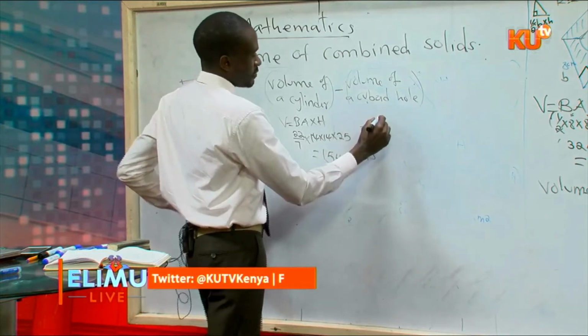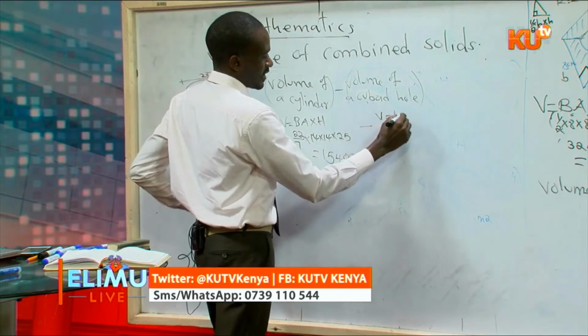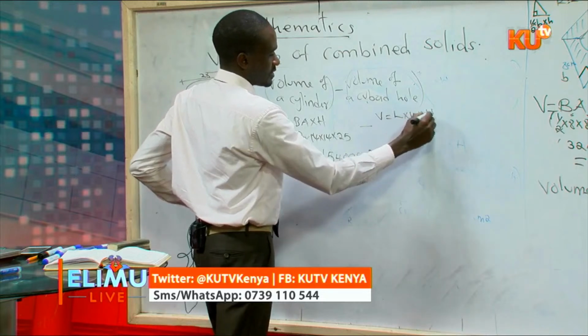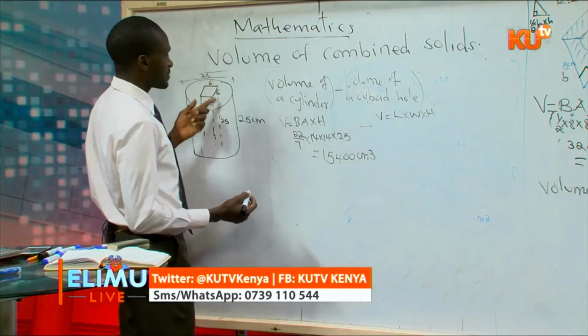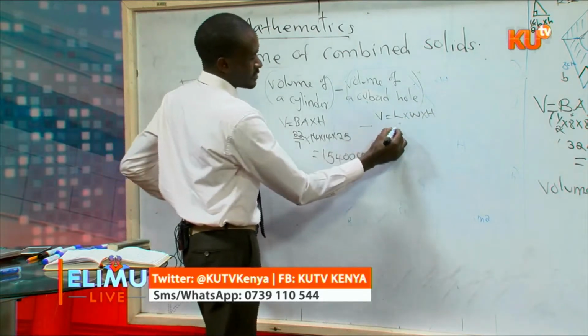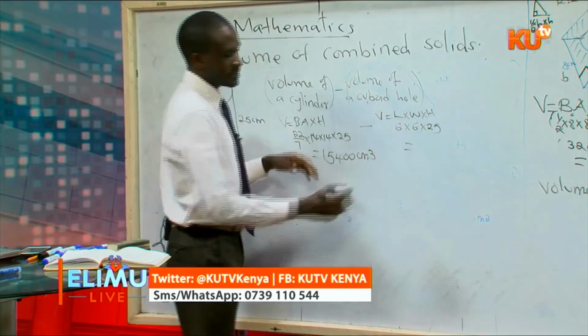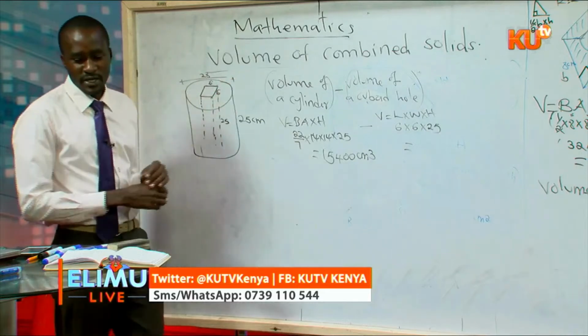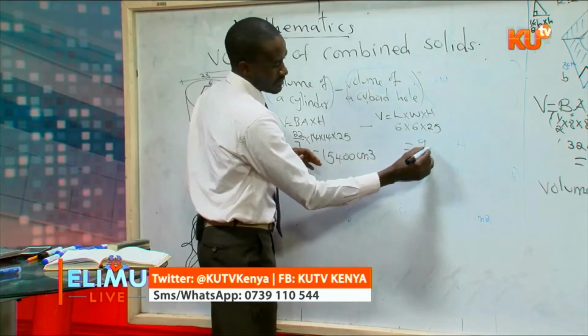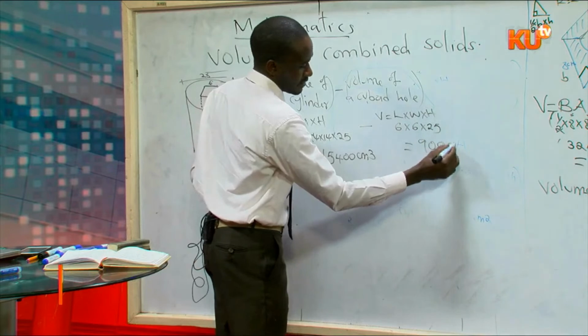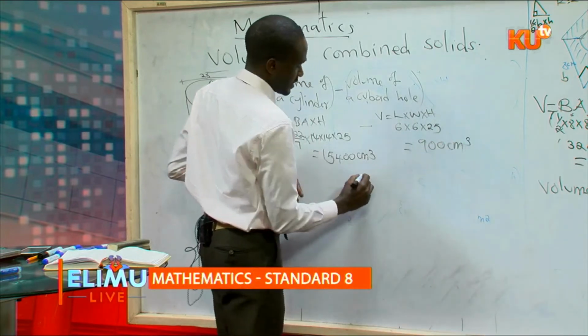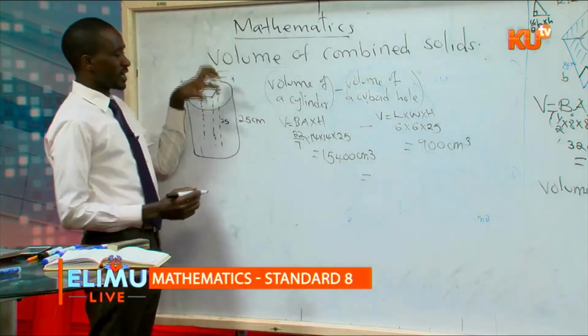Now you move to the inner one. Now a cuboid, we said volume of a cuboid is length times width times height. Now 6 by 6 by 25 gives us 900 cubic centimeter. Now, what is the volume left?